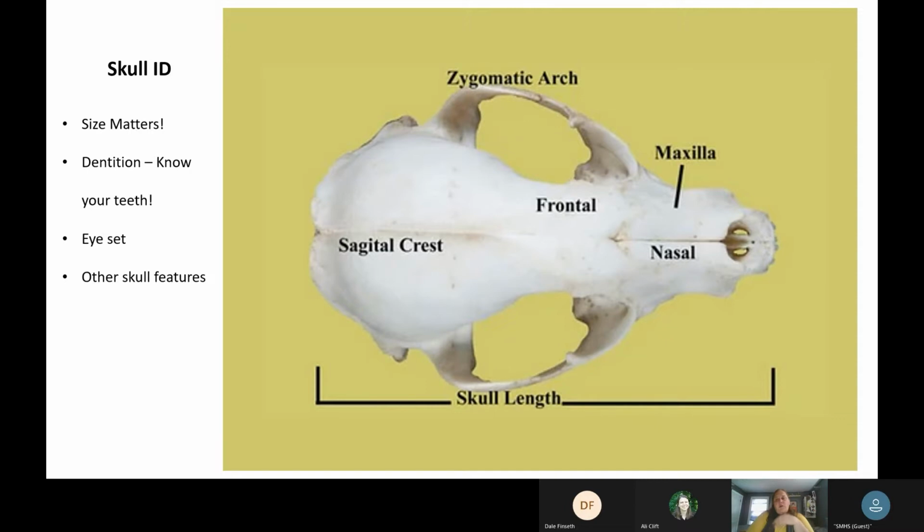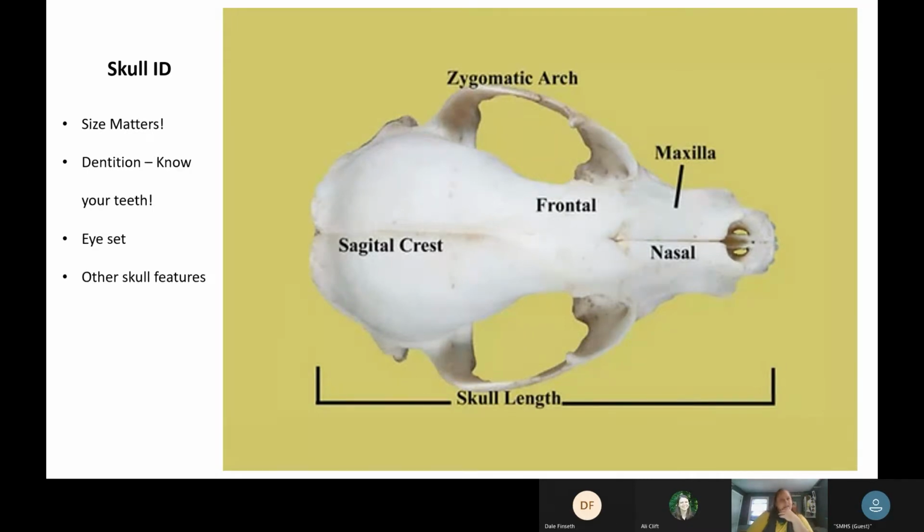Generally, we're sharing adult skulls with you. There are some variations if you are a biologist in the field, where some juvenile skulls are going to look similar to another species' adult size skull. But in general, for this test, we're looking at adult skulls.